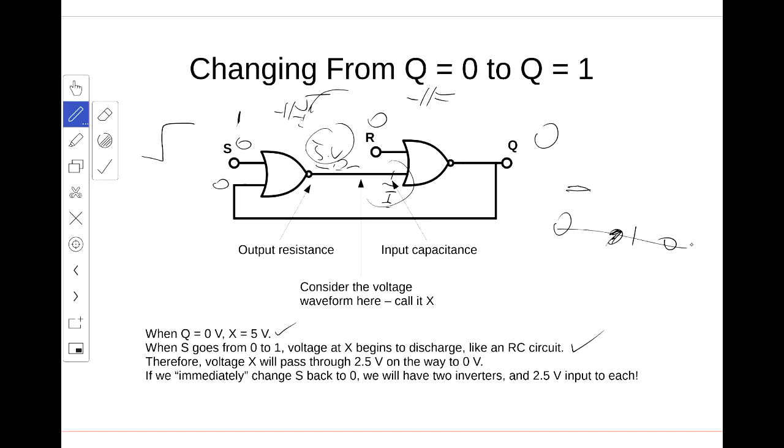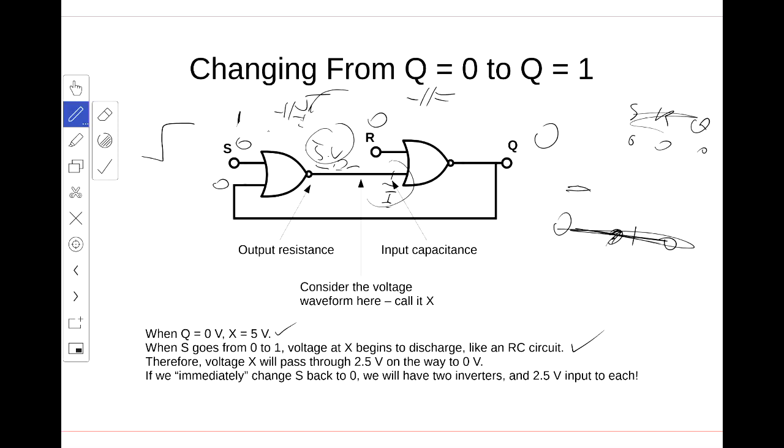Oh, sorry, I'm drawing it the wrong way for you. So let me do it properly. Set, reset, Q. Oh no, that's not what I want to draw, sorry. What I want to say is that when S and R are both 0, then this guy looks like an inverter and this guy looks like an inverter.